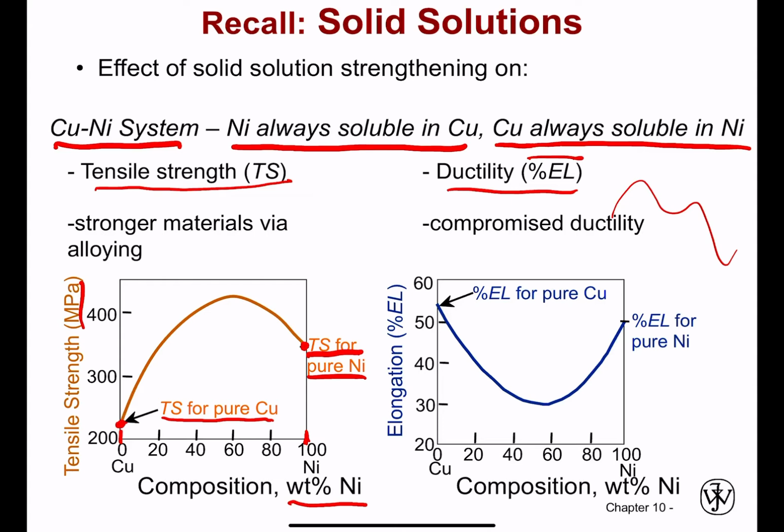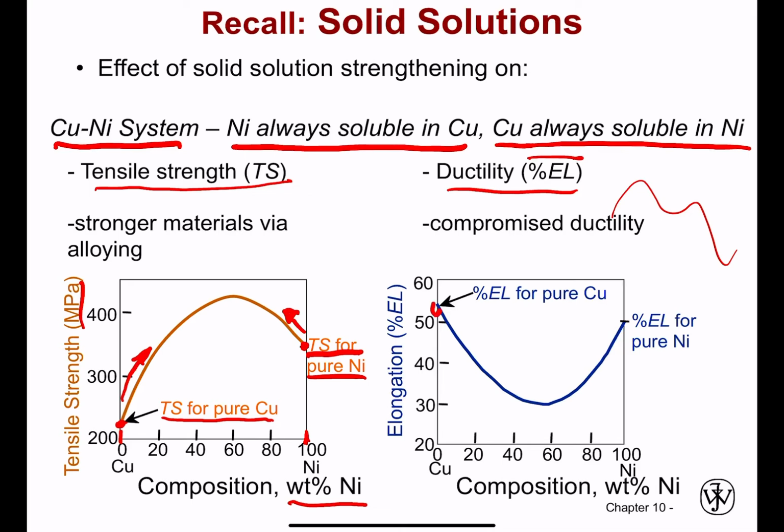And so when we start making mixtures by increasing the content of copper in pure nickel, or increasing the amount of nickel in pure copper, we start to increase the tensile strength by accessing these substitutional solid solutions for the binary mixture of copper and nickel. Similarly, we can look at the results on the percent elongation.